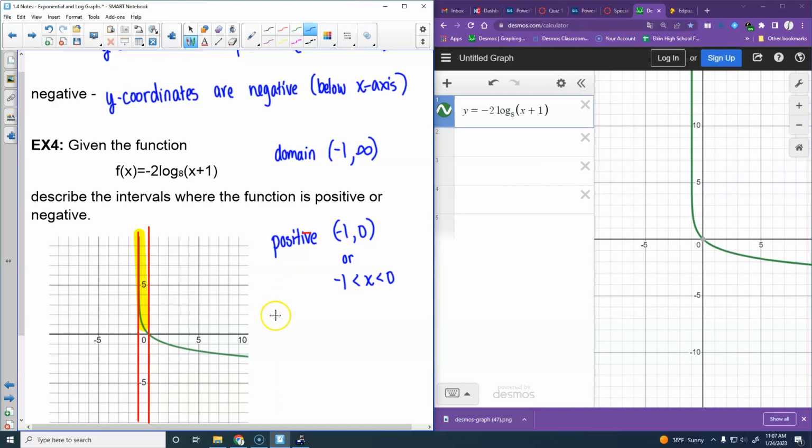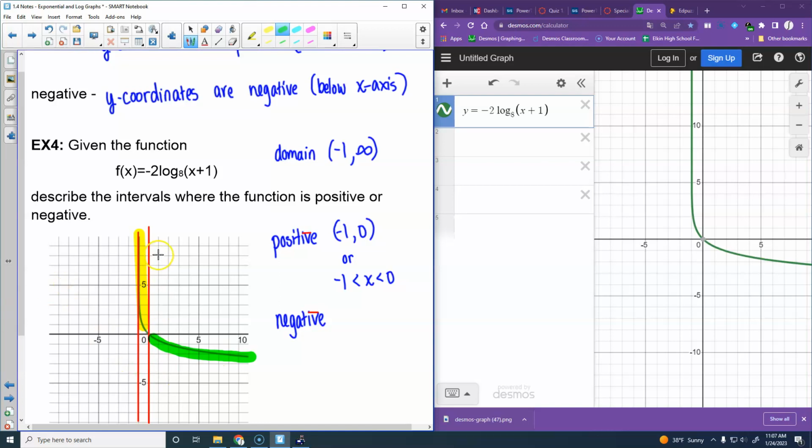All right. Then I would look for where this is negative. And that is going to be this part of the graph right here where I'm below the x-axis. So I'm thinking about, again, sectioning this off with vertical lines.